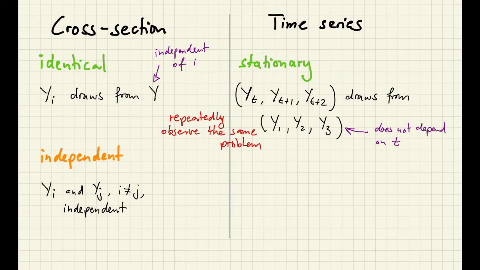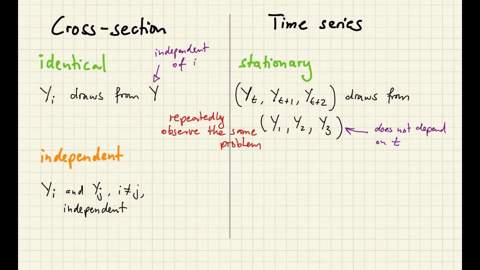So this means that observing yi first has no impact on the draw for yj. So if yj arrives after yi, then yj will bring entirely new information and will not repeat any of the information that is already contained in yi. Or in other words, yj will show us a completely different part of the population than yi.